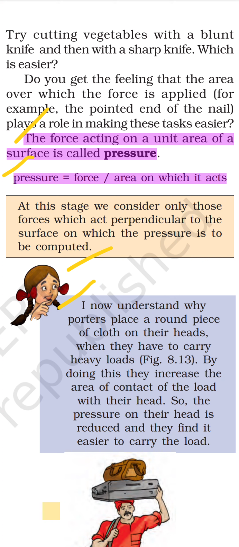Now, you can understand why porters place a round piece of cloth on their heads when they have to carry heavy loads. Figure 8.13. By doing this, they increase the area of contact of the load with their head.